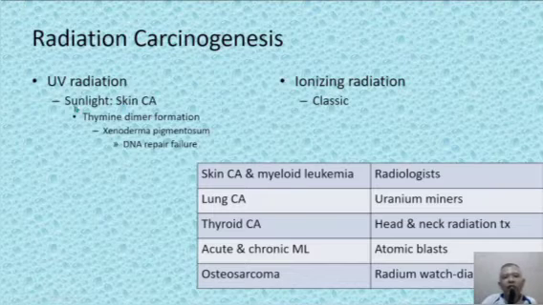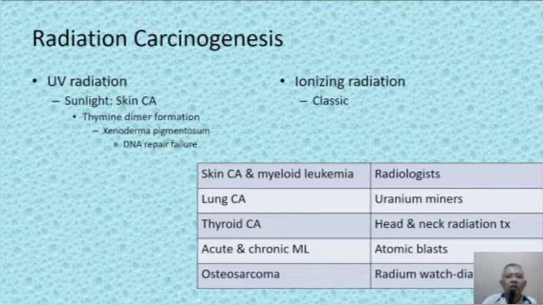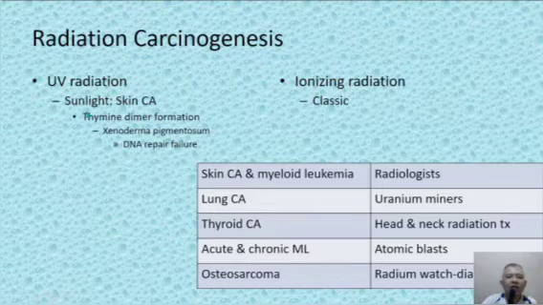Next is UV radiation, and that's just found in sunlight. So when you have prolonged exposure to sunlight, more than 20 minutes, it will lead to a risk for skin CA. Why? Because it promotes the formation of thymine dimers.